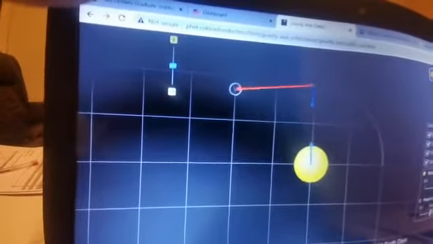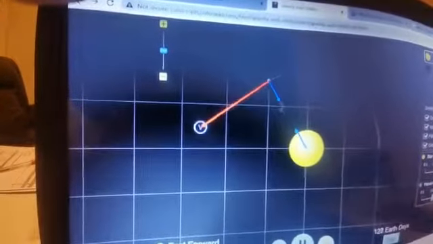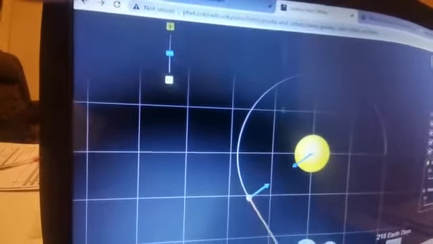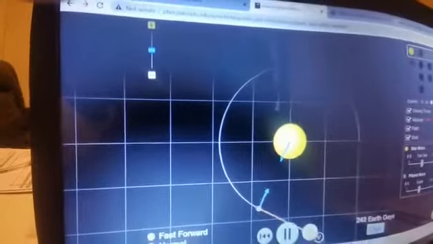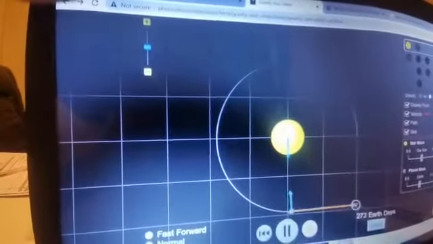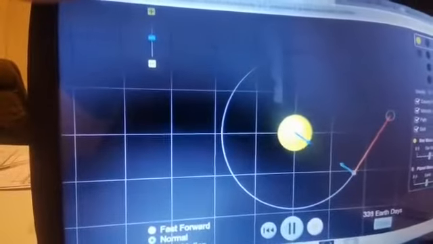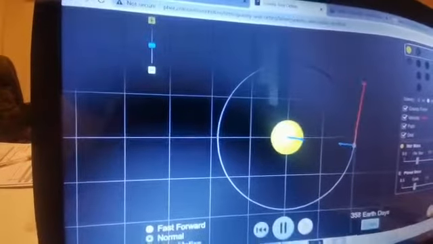And then the next question that was asked is, why do you think Earth moves but the sun does not? So the sun, which is a star, has a higher force of gravity. Therefore, any small movement from the sun will either pull the Earth closer or push the Earth further away.